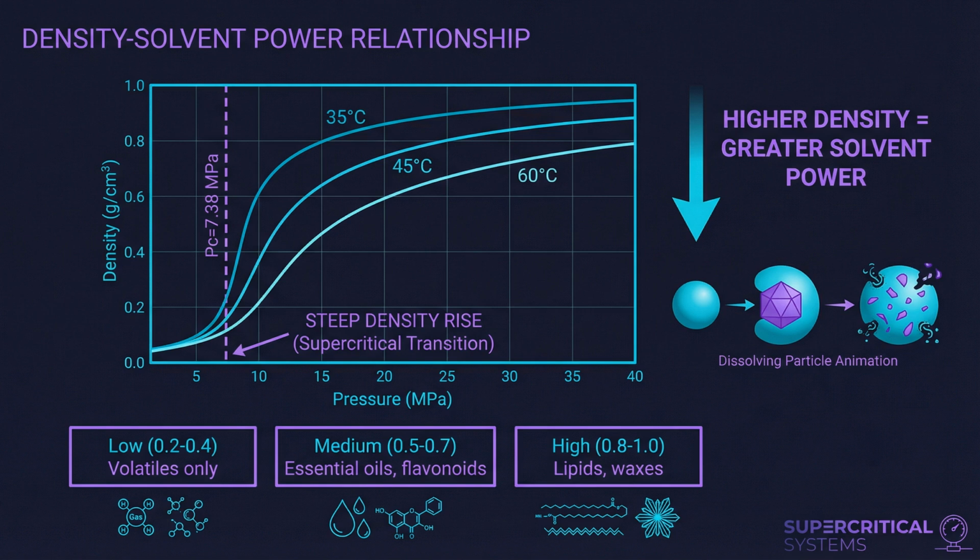At low densities of around 0.2 to 0.4 grams per cubic centimeter, achieved at moderate pressures, CO2 preferentially dissolves light, volatile compounds like terpenes and aromatics. At medium densities, it captures essential oils and flavonoids. At high densities approaching 1 gram per cubic centimeter, it can dissolve heavier compounds like lipids and waxes. This pressure-tunable selectivity is a major advantage.